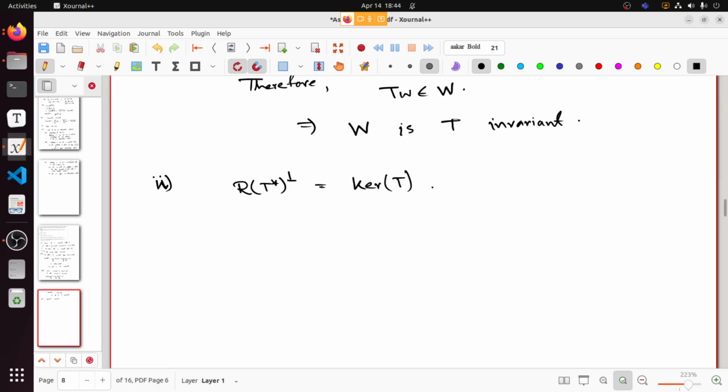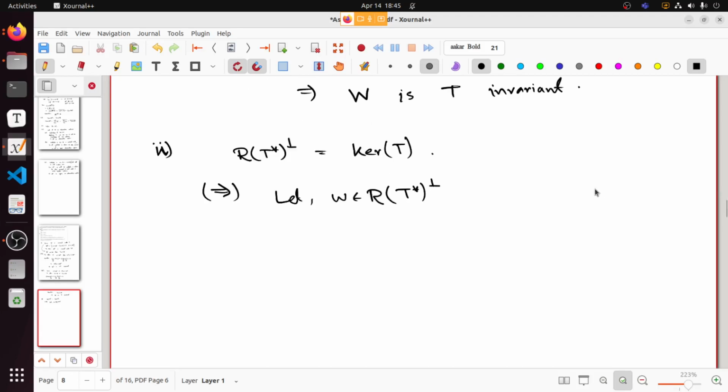So let's prove one direction first. Let W belong to range T star perp. We will show that W is in the kernel of T. So to show this, consider the inner product of TW.